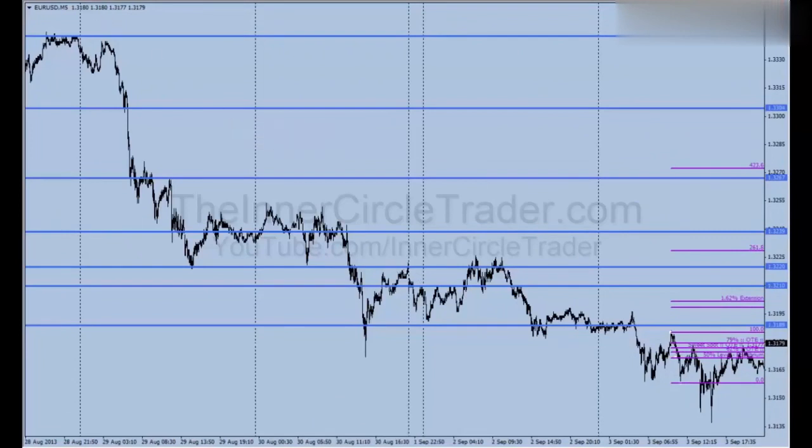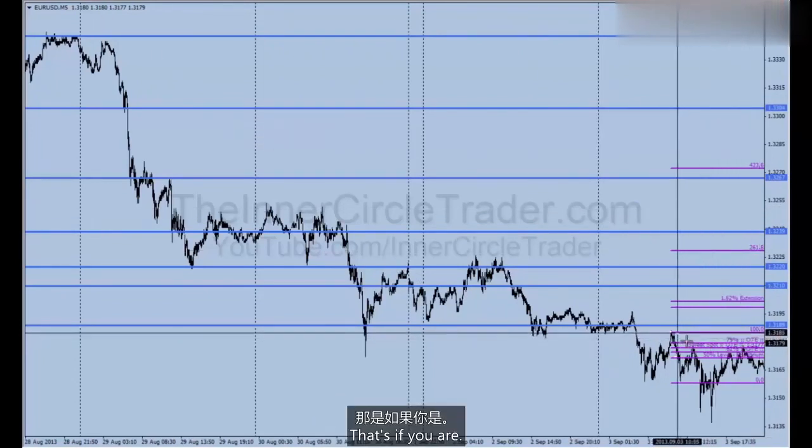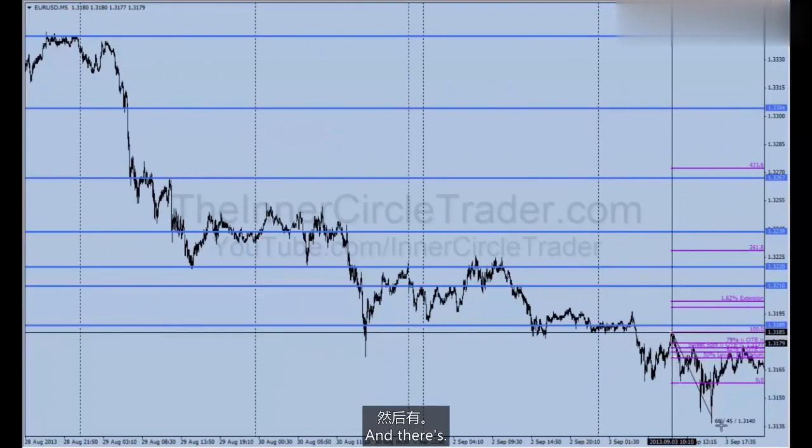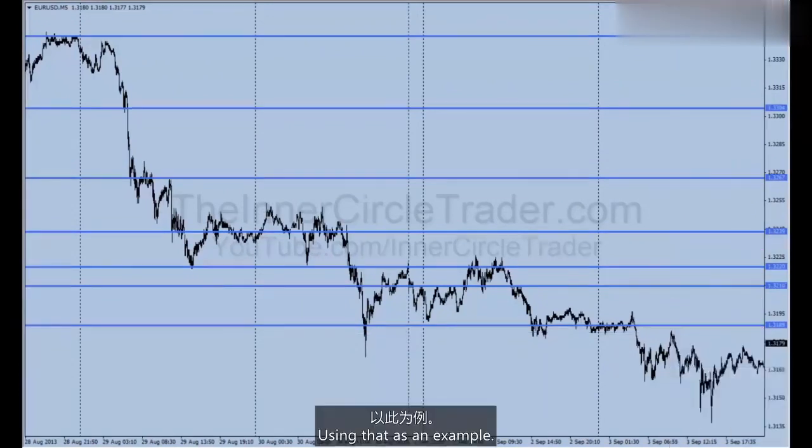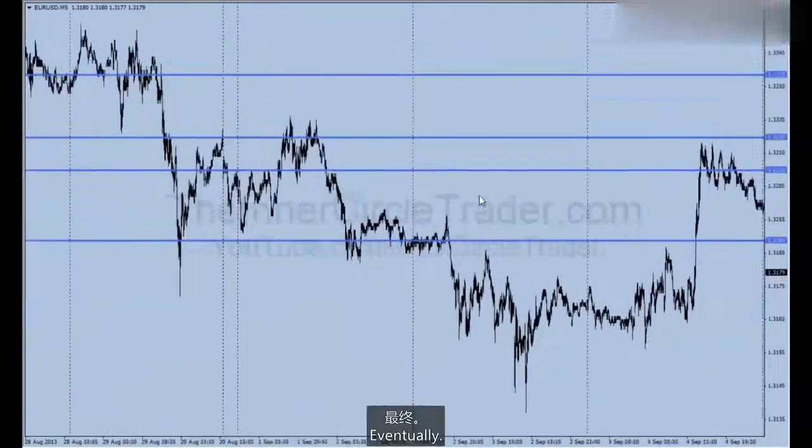Now, that's if you are a day trader, and there's 45 pips or so laid at your feet, using that as an example. Eventually, the market bounces and trades up into a previous range.